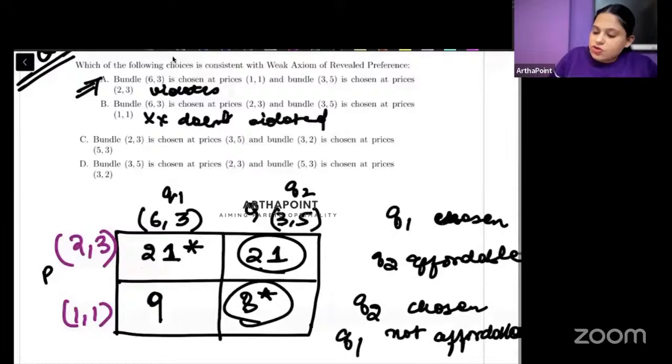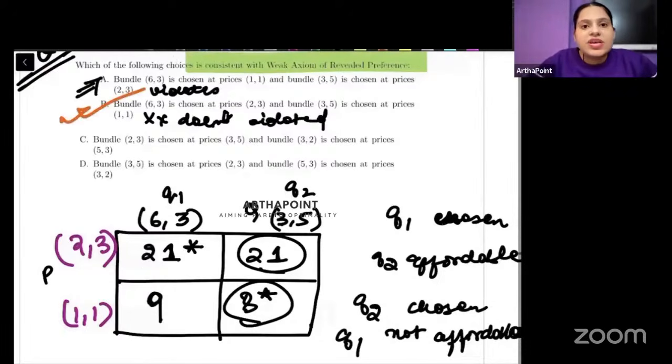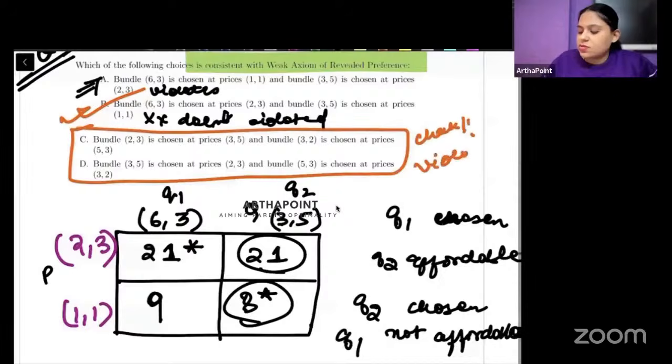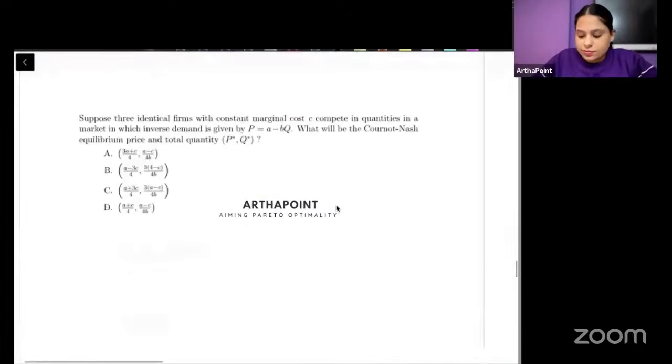What's the question? Which of the following is consistent with WARP? So the answer is B. B is definitely consistent with WARP. It does not violate. That's correct. So you don't have to check C and D, but you can definitely give it a try. These should violate. Okay. Let's go to the next one.